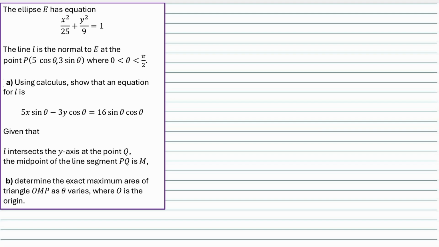So with questions like this, I think it's really helpful if we begin by sketching the ellipse within the range of 0 to pi over 2. So when theta equals 0, the x-coordinate will be 5 cos 0, so this will be 5. And the y-coordinate will be 3 sine 0, so that'll be 0.